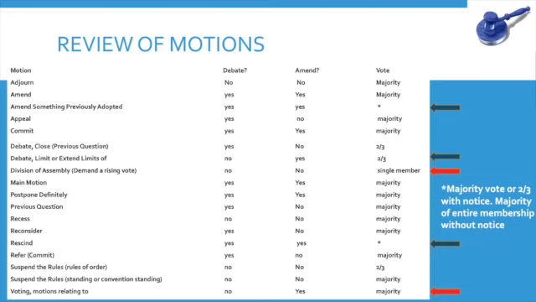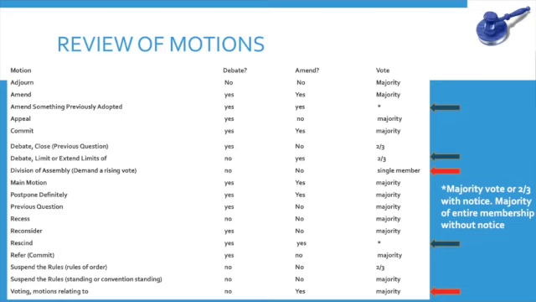Now the ones with the star, amend something previously adopted. And then also, make sure I'm looking at it correctly, to refer or commit to a committee. The star just shows you if a majority vote or 2/3 with notice. So, in a meeting previous, someone said, I want to refer this to a committee.